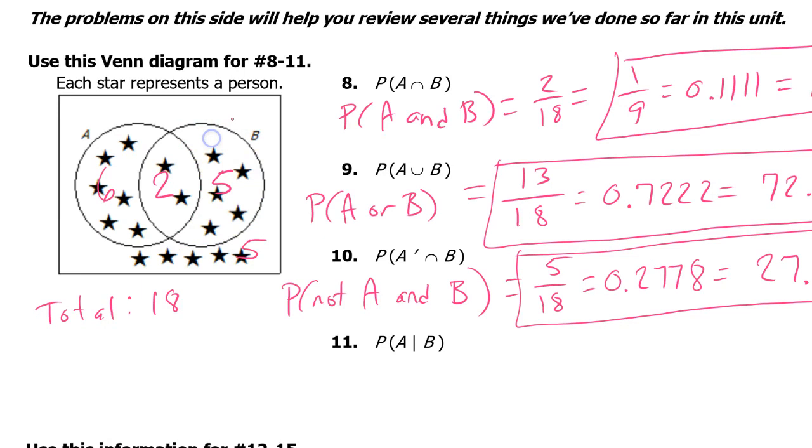And finally, for this Venn diagram anyway, we have the probability of A given B. Remember, we focus on the given part first, and we will think of that as a new, smaller universe.